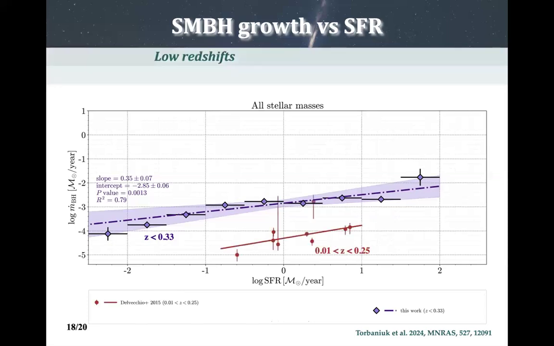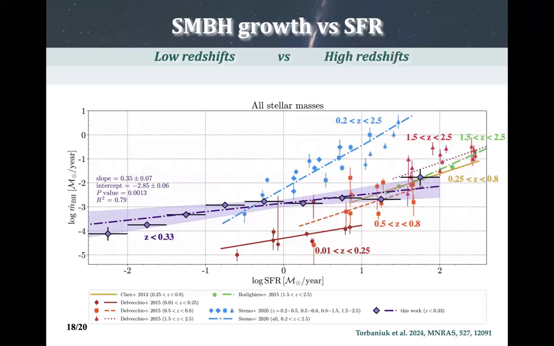And if we compare the same diagram with a similar one in the literature, but for different parameters, for example for redshift, we have only one work probing almost the same redshift range. We have this deviation probably because the sample used has significantly lower stellar masses.